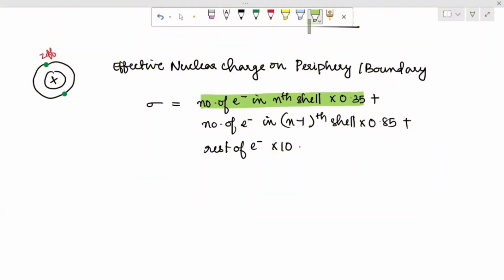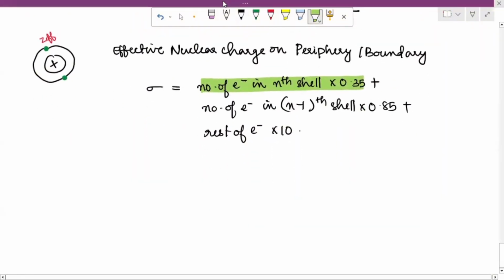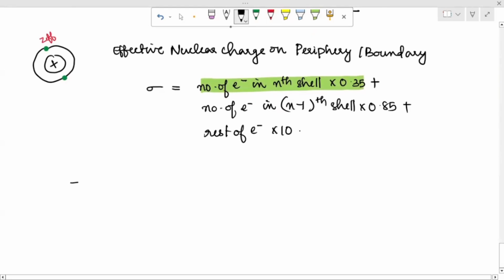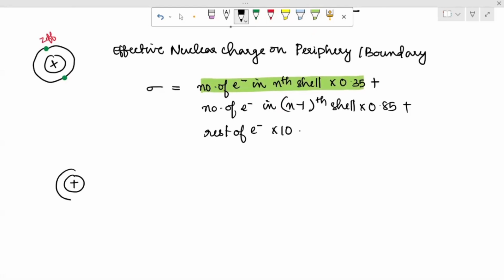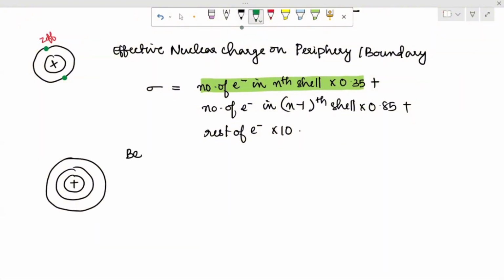Okay, I'll explain why. Because let's take 2 scenarios. Let's take beryllium. Okay, beryllium is 1s2, 2s2. If you have to find the Z effective on this electron, how many electron-electron repulsions are there?